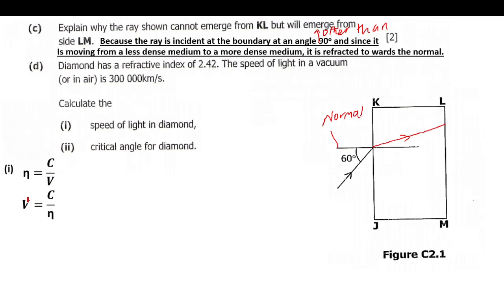So I have speed in a material, which is diamond, is equal to speed in vacuum over refractive index. So the refractive index of diamond is 2.42. Then the speed of light we are given is 300,000 kilometers per second, of which we are going to convert this one into meters.